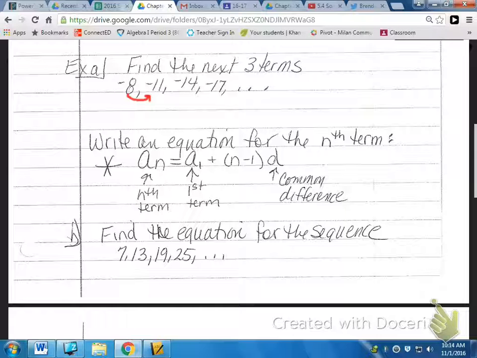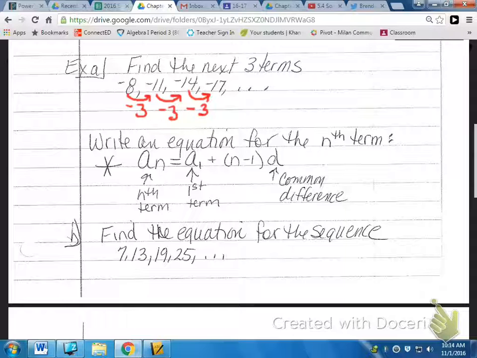Subtract 3. From -11 to -14? Subtract 3. And from -14 to -17? Subtract 3. So really you need to check and make sure that's the same. I don't think they're going to throw any in that are different, but just double check that the common difference is the same every time.